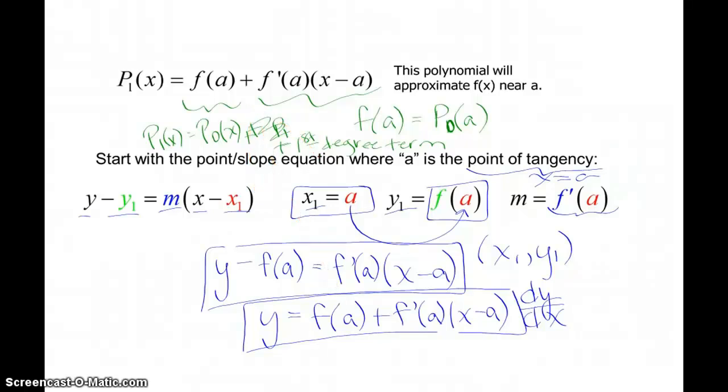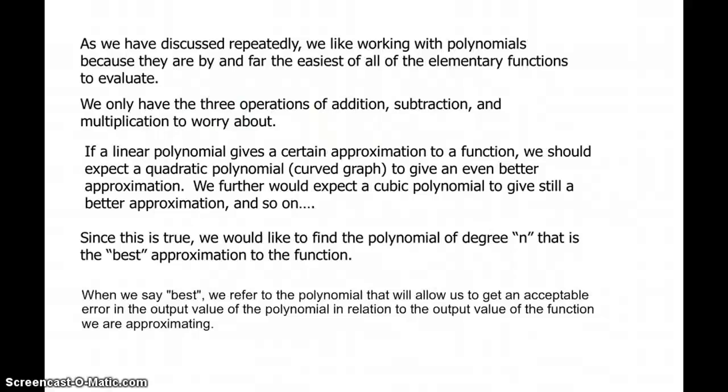So this is just derived from the point-slope equation for the equation of a line, and using a, our center point around which we're building our polynomials, as the point of tangency. So linearly, that's what's going to be happening.